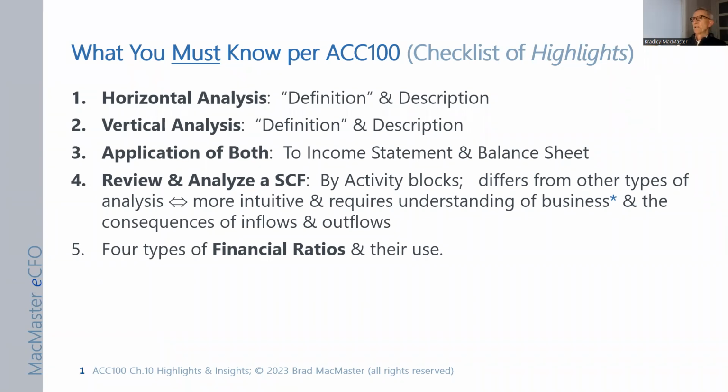Then we are going to learn how to analyze a statement of cash flows, which is done differently and it's more intuitive than the quantitative and numerical analysis done in a horizontal or vertical fashion. And then finally, there are 4 different categories of financial ratios that are covered in this course, and you should understand when they get used, what types of questions they're responding to, and some example ratios that can be used for each of those different categories.